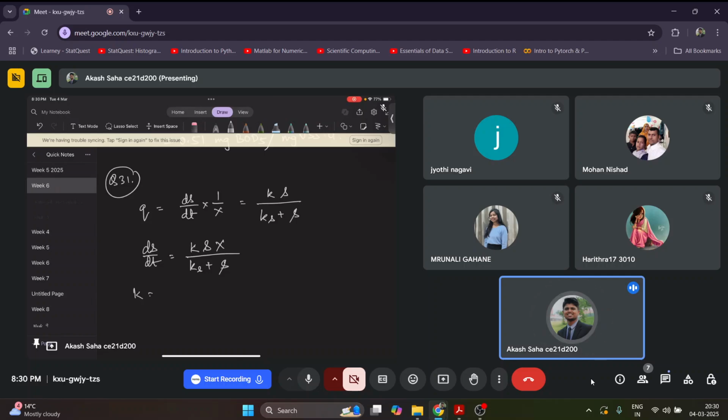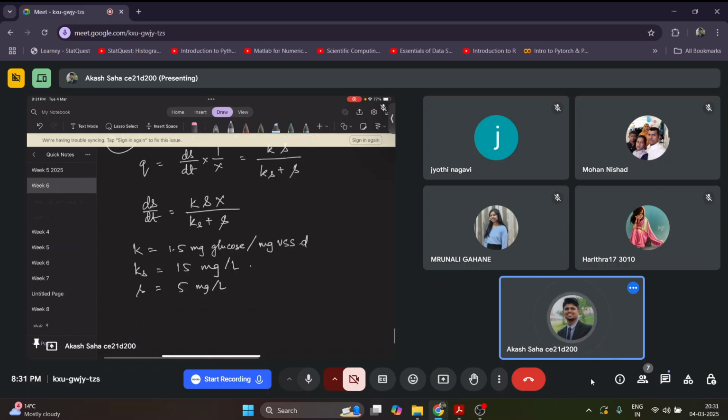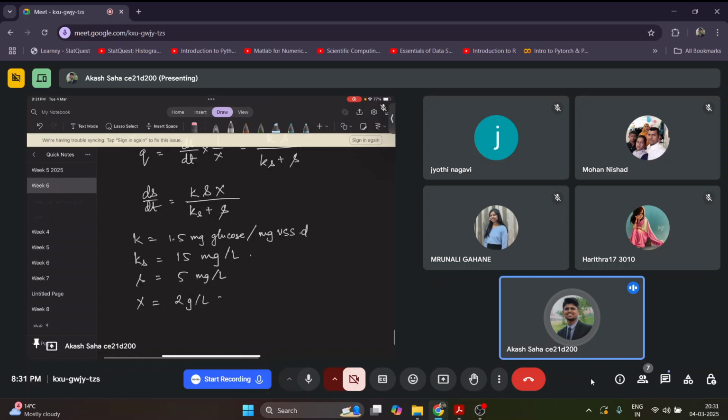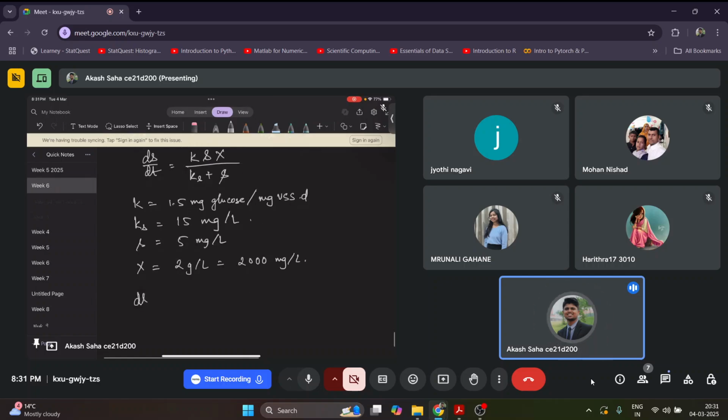So here k is nothing but 1.5 milligram of glucose per milligram of VSS day. So this is k, because in one day 1.5 milligram is consumed by 1 milligram of bacteria. Ks we discussed 15 milligram per liter. S final is 5 milligram per liter, and X is nothing but 2 gram per liter, or we can write it as 2000 milligram. So my dS by dt, and since this substrate is being utilized, I will just put a minus sign.